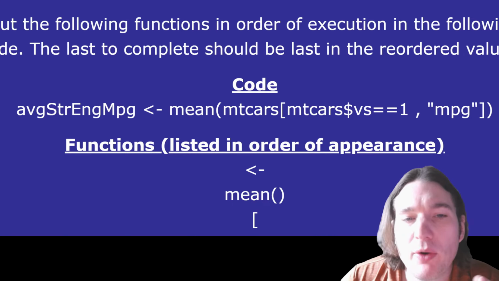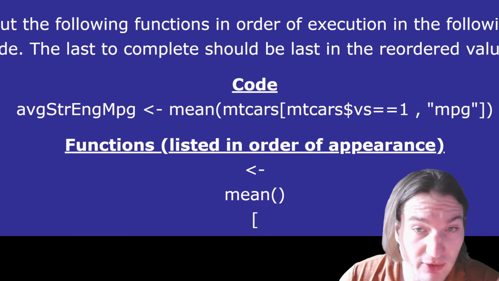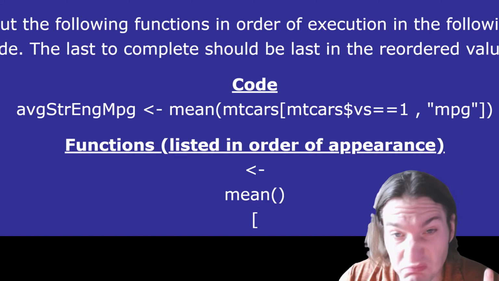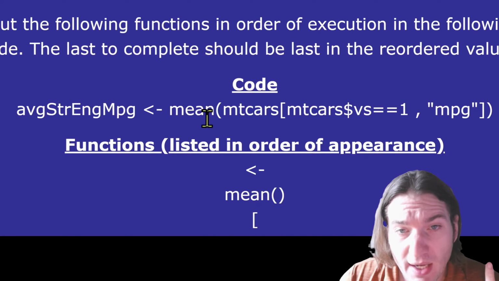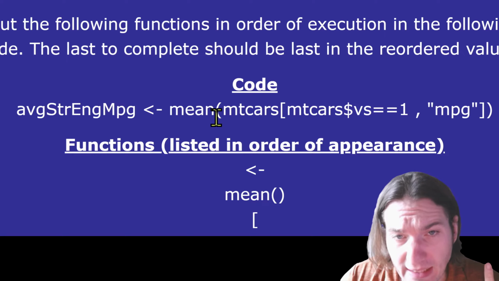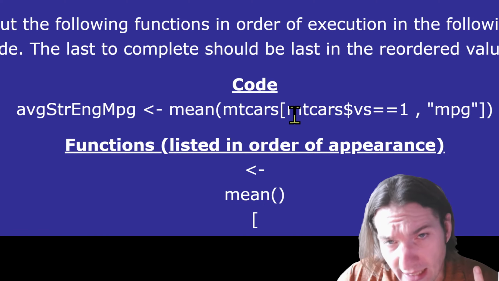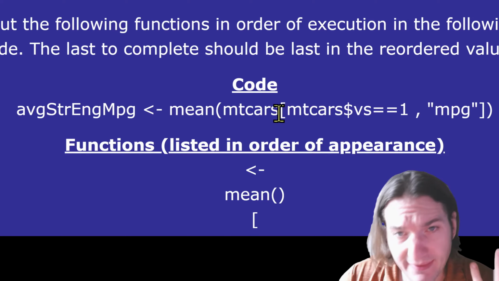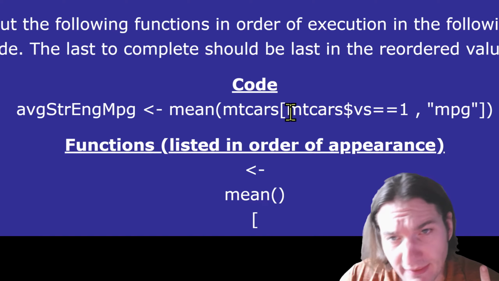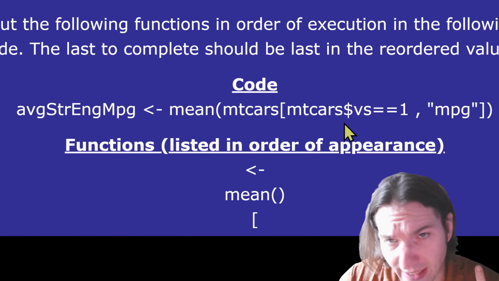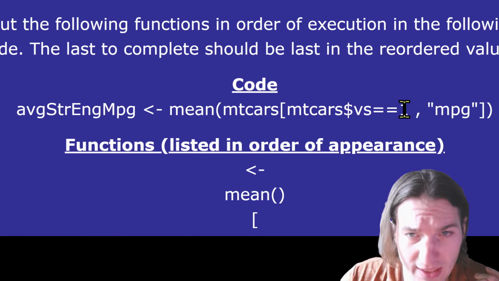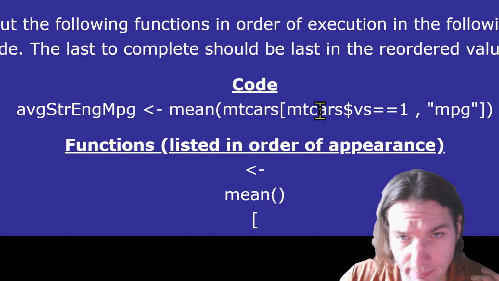All right. So I can't do this assignment until I know what data to assign. It just doesn't make sense. I can't do mean until I know what data to analyze. I can't extract data from mtcars until I know what data to extract. I can't compare the number 1 to something until I know what data to compare it to.